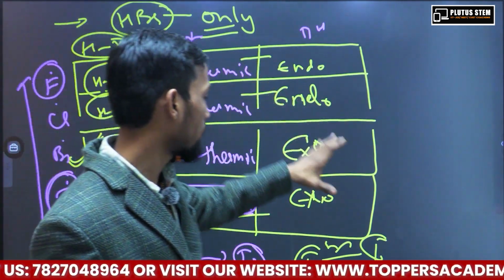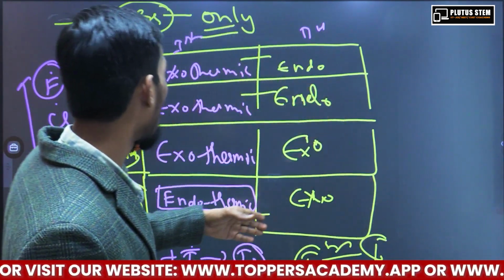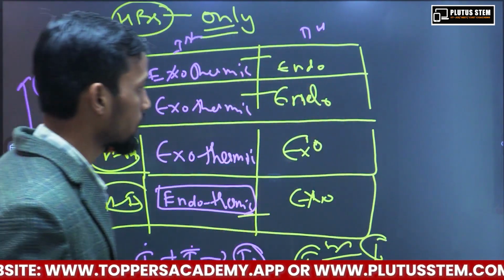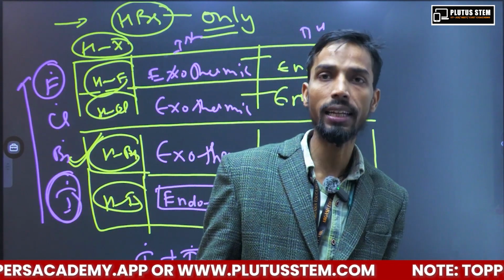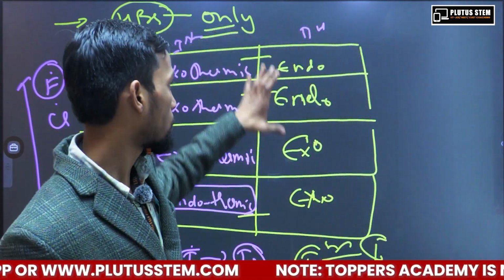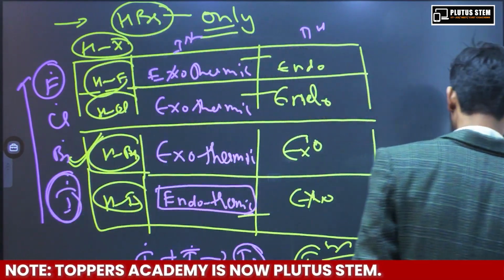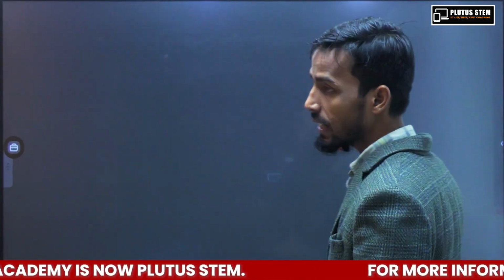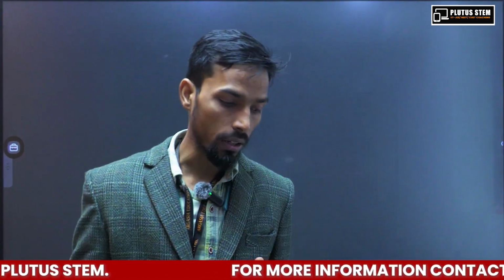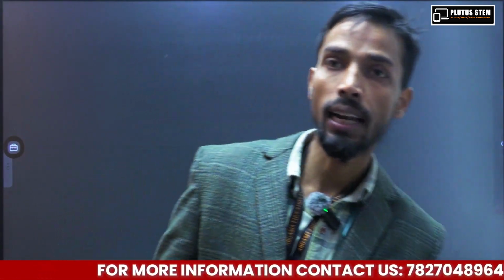In the second part, bond breaking is an endothermic process, but in the overall reaction we have seen that two of them are endothermic and the last two are exothermic. So that's the peroxide effect we have seen.